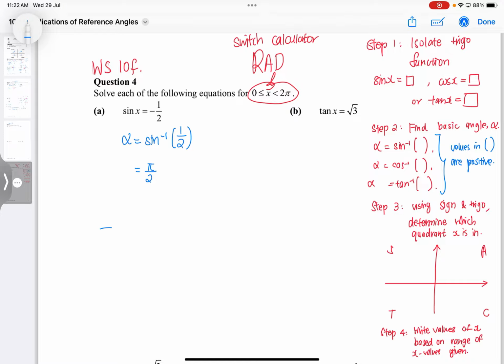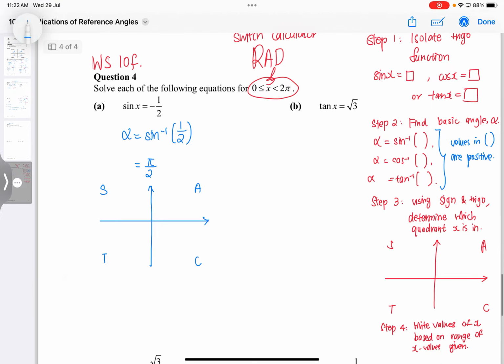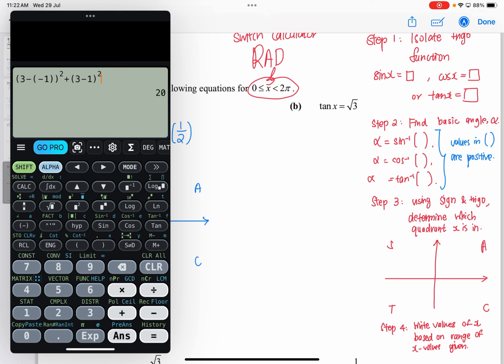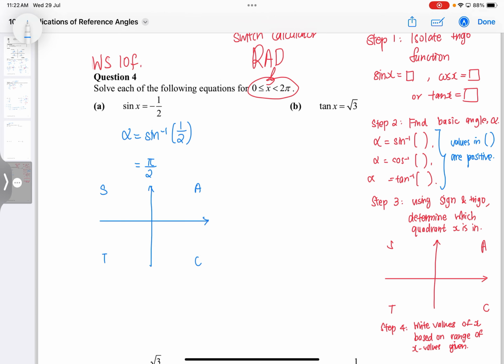So let's draw our ASTC. Oh, it's 30 degrees, no wonder.